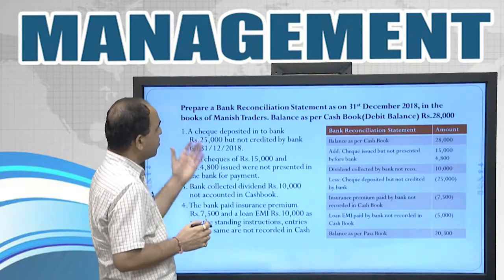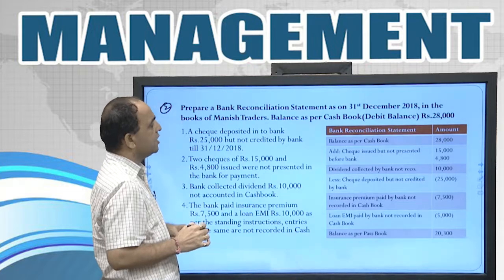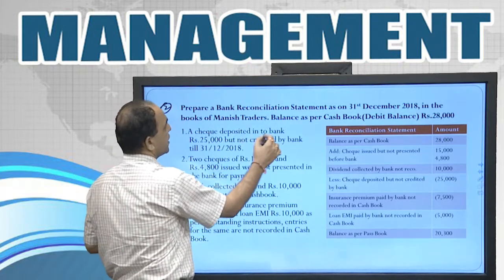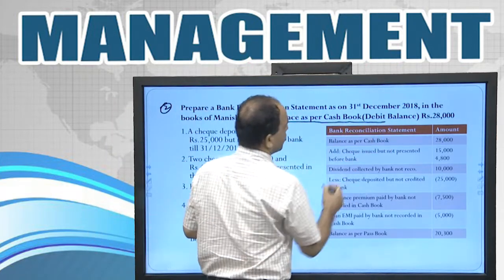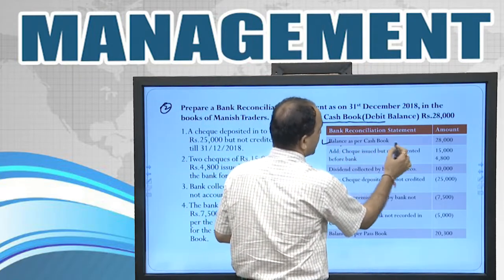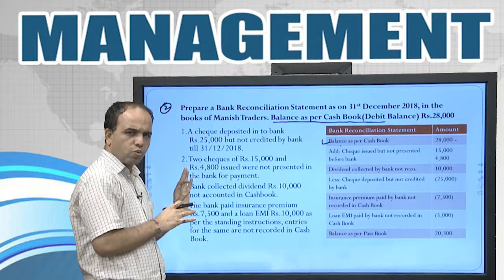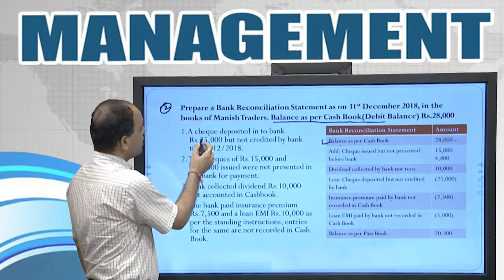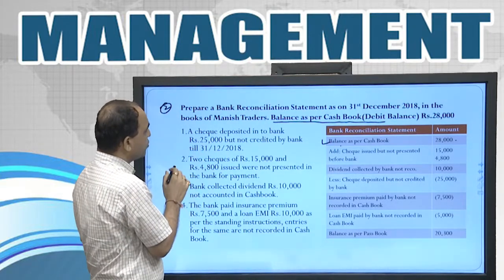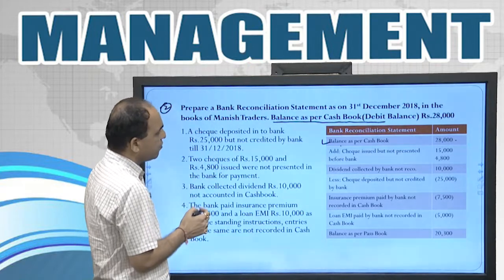And we have one more question, number 2: prepare a bank reconciliation statement of Manish Traders, balance as per cash book, debit balance 28,000. I will write here balance as per cash book 28,000. Let's discuss one or two questions. Number 1, a check deposited into bank, rupees 25,000, but not credited by bank till 31st December.